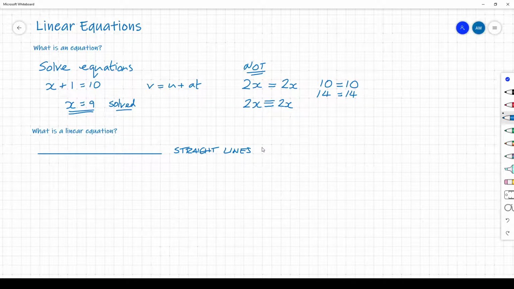Look at the word linear, the first part of it is line. Okay, now this is a line. This is a line also. If I do a freehand, it's not linear though. We don't class that as linear because it's not straight.